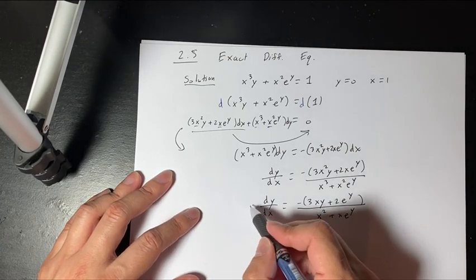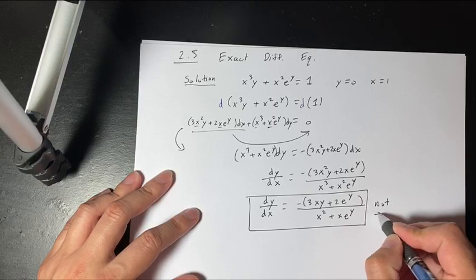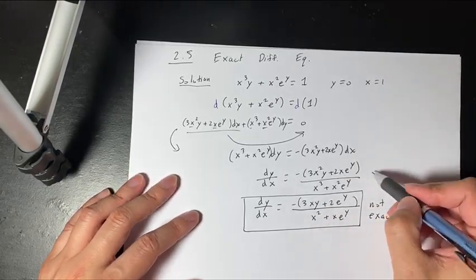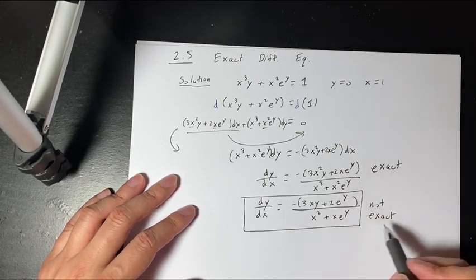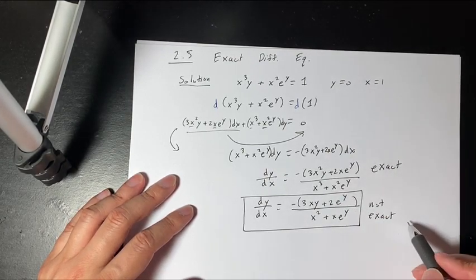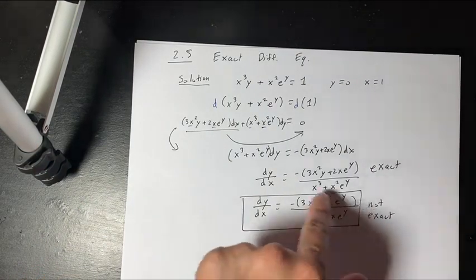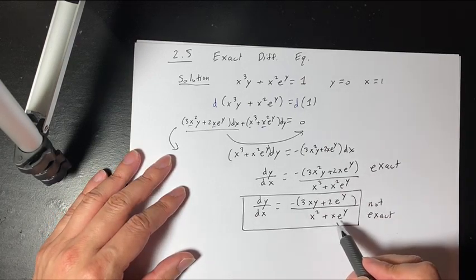And now this differential equation is not exact anymore, and that's because I canceled out the common factor. In this case, this guy was exact, but I did a simplification that caused it to not be exact. So how do I retrieve back that x? This is not exact because I actually divided out the x, right?